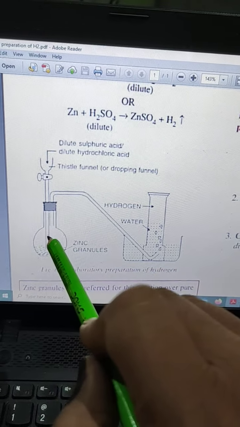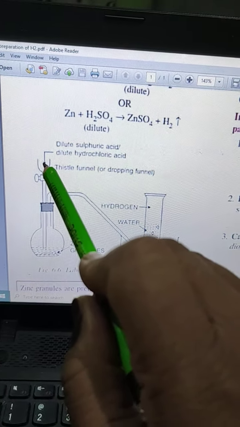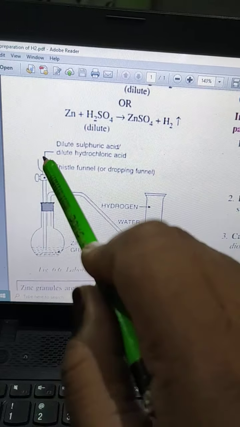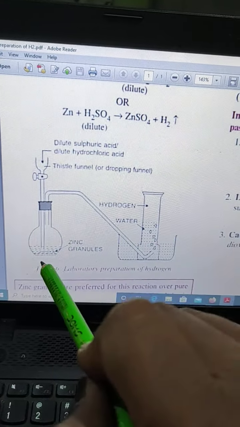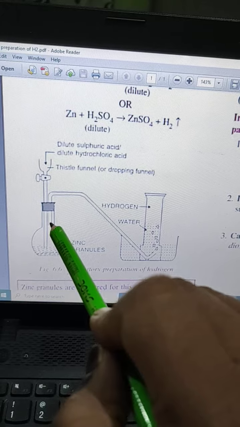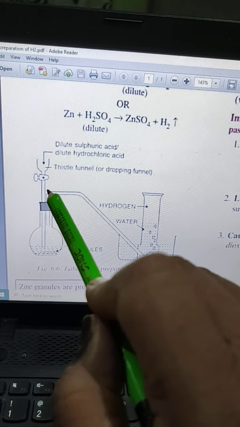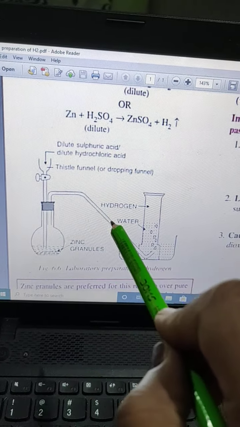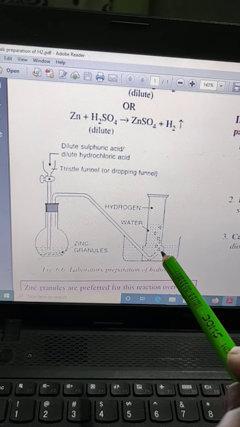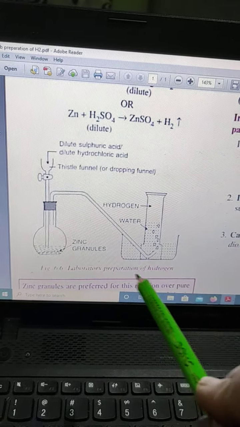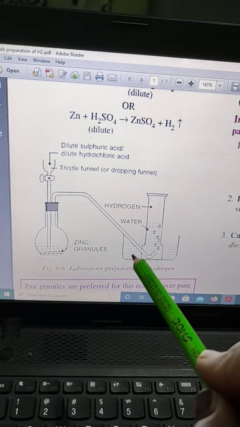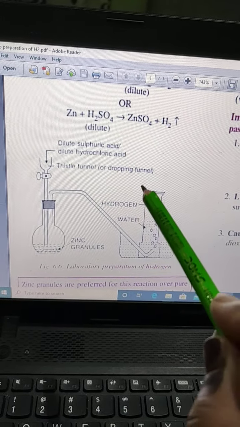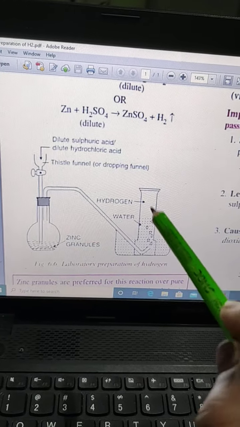In one hole there will be a thistle funnel, which is longer, and in the second cork hole we have the delivery tube, which is kept in a trough. In this, water will be there and the gas jar will be in an inverted position.